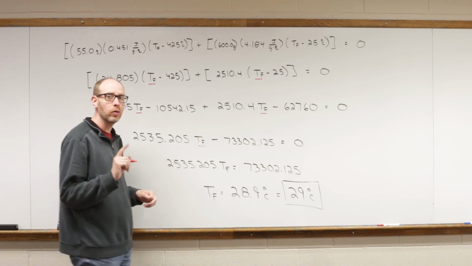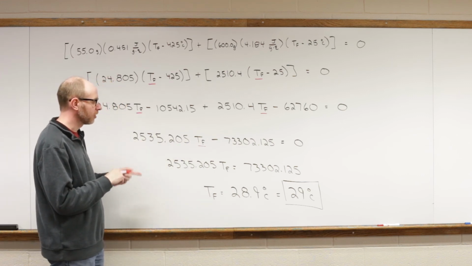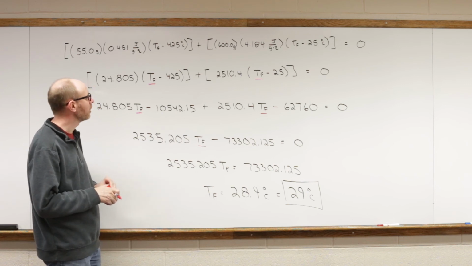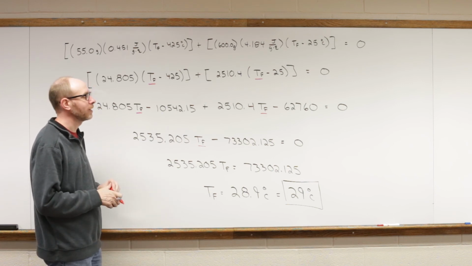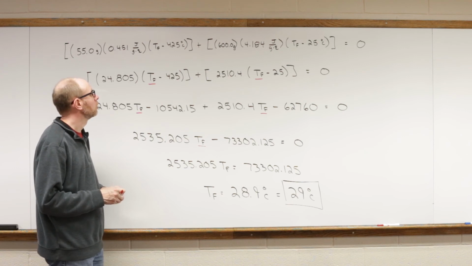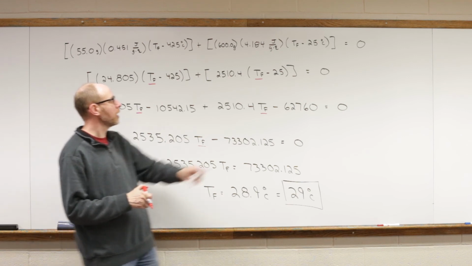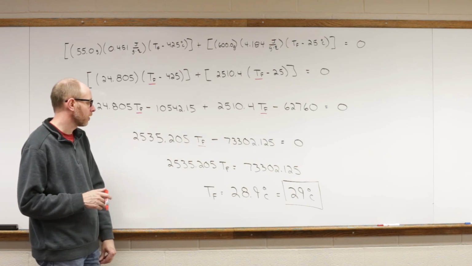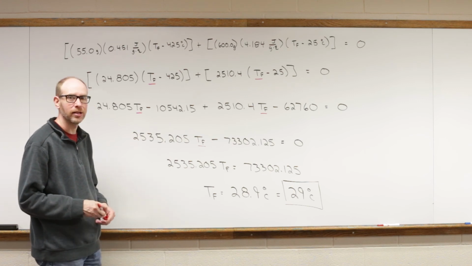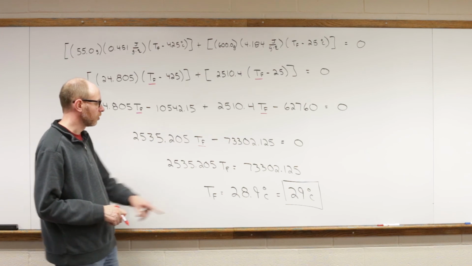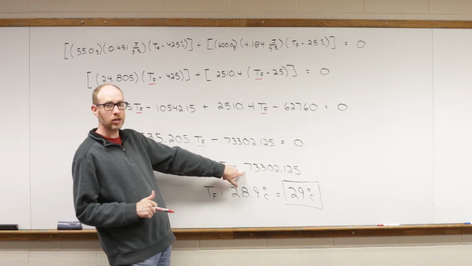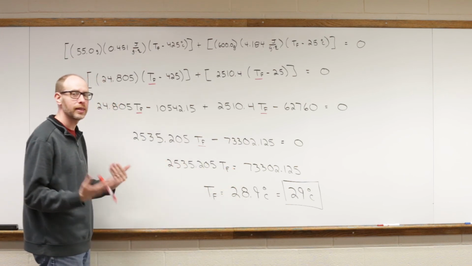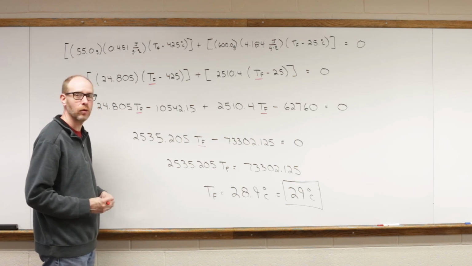Now, one way to know that you're doing a problem like this correct is that, remember, what we're expecting is that the final temperature, okay, is going to be greater than 25 degrees C. And so we're going to expect that to be some positive temperature, not negative. So if this had come out as a negative, right there should be a sign to you that the way I'm working this is not correct.